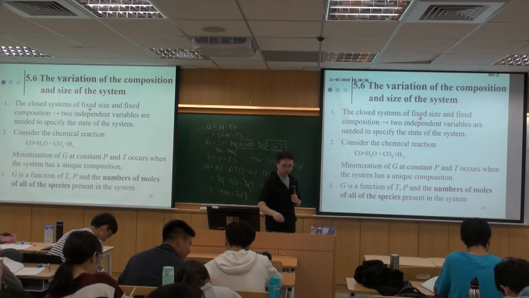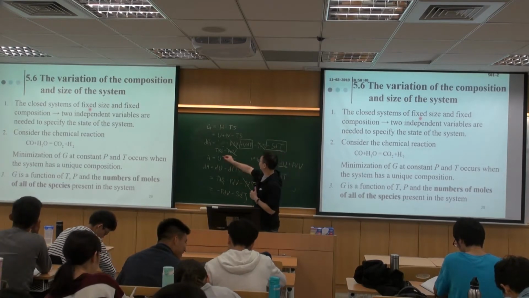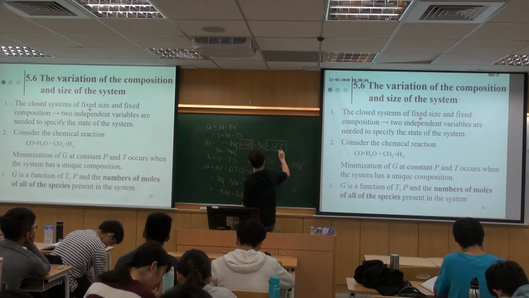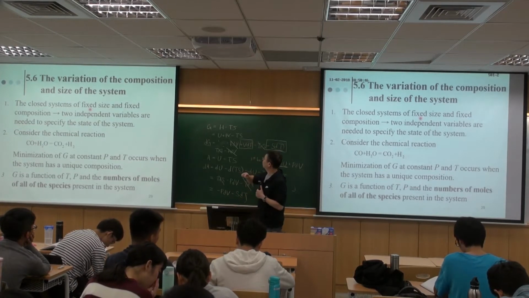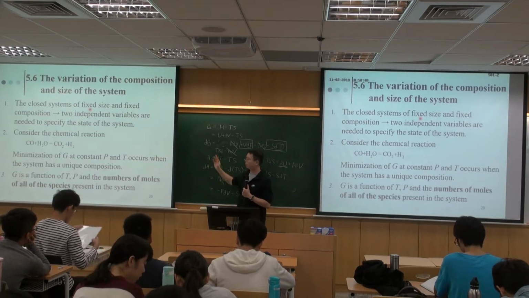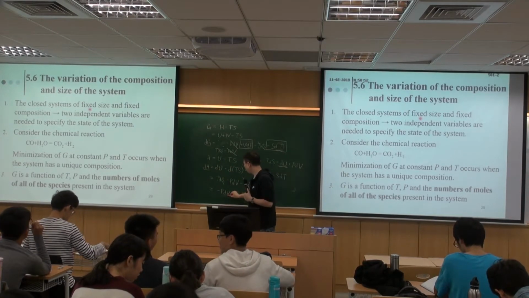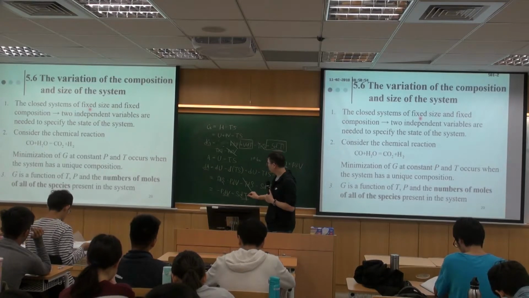Therefore, we only need two independent variables. For instance, for Gibbs free energy, we only need pressure and temperature to tell us the change of Gibbs free energy, and for Helmholtz free energy, we only need the volume and the temperature.